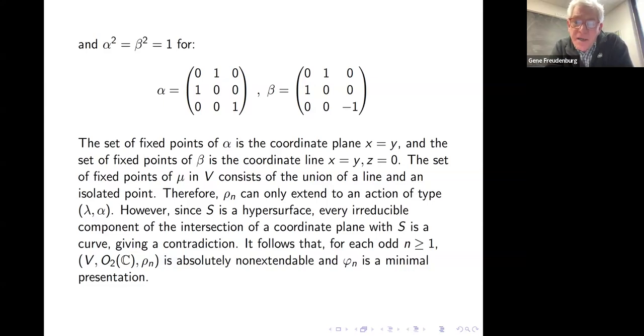So it follows that for each odd n, the n I use are odd, the O2 action on the surface is absolutely non-extendable, and phi n, the mapping I gave above, is a minimal presentation of this action. Okay, so those are 2 examples of these definitions for surfaces.